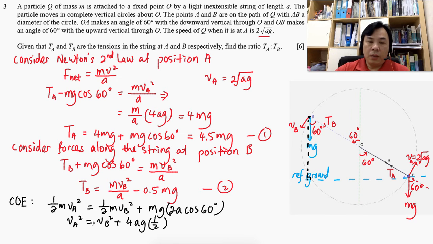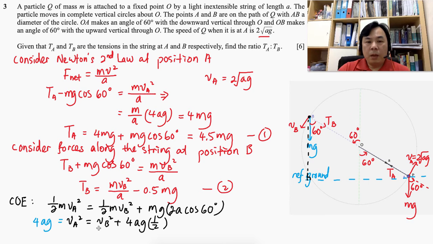And then knowing that the speed of particle Q at position A is given by this, I can also write this speed here as 4AG after we square.